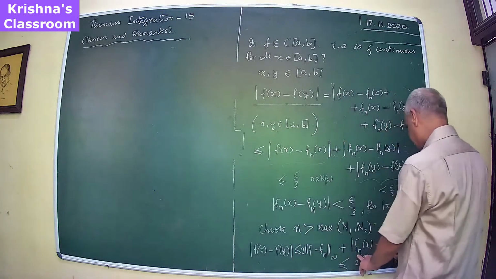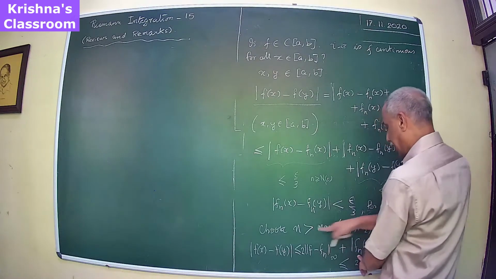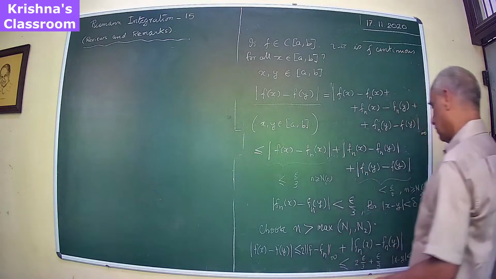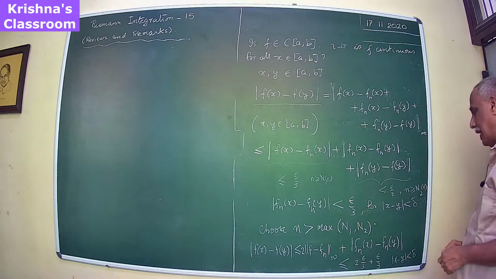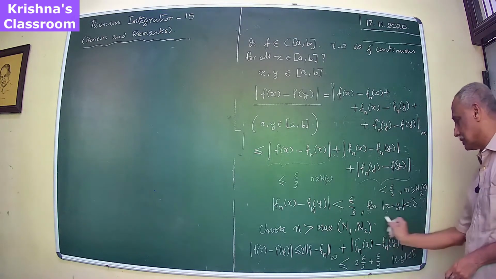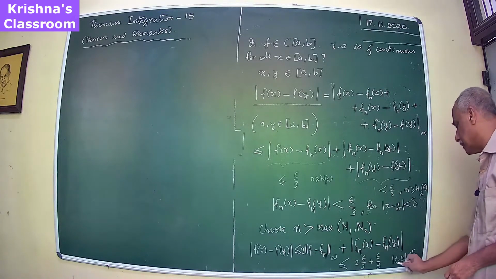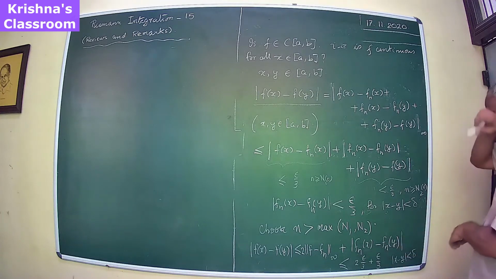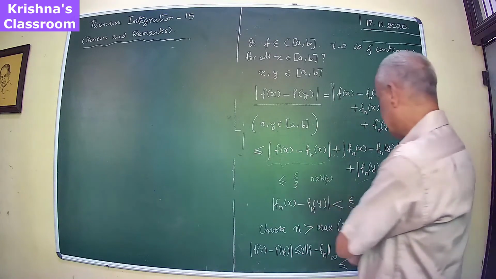So the n that you choose has to be greater than the maximum of n1 and n2, and then you have this less than twice epsilon by 3, and because of the continuity of this, you can fix your delta such that for mod x minus y less than delta, mod fnx minus fny is less than epsilon by 3, so that this whole thing is less than epsilon.